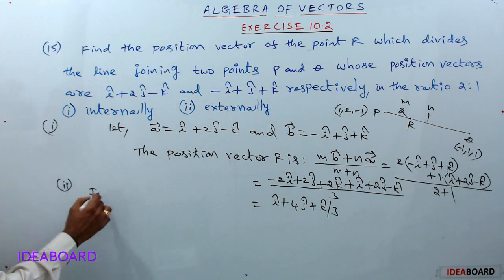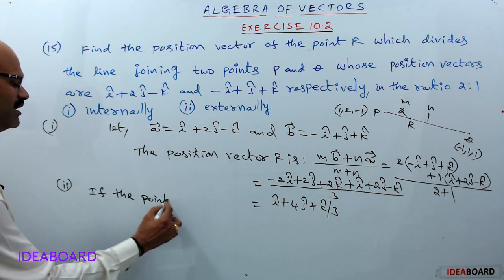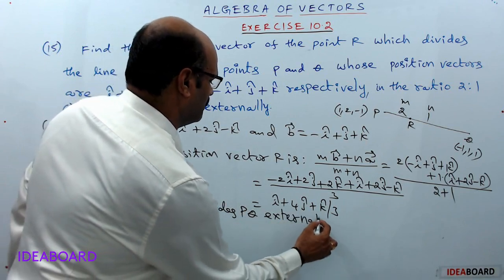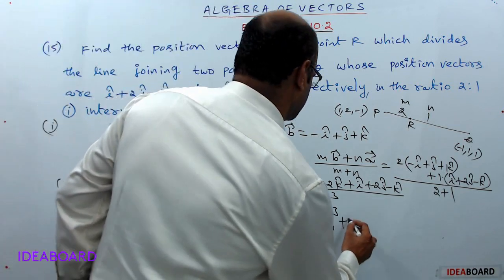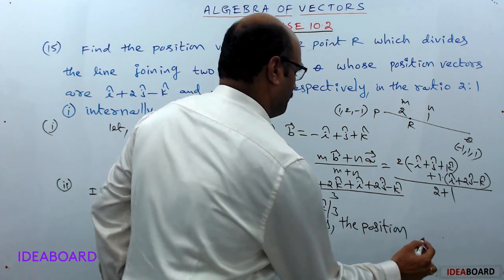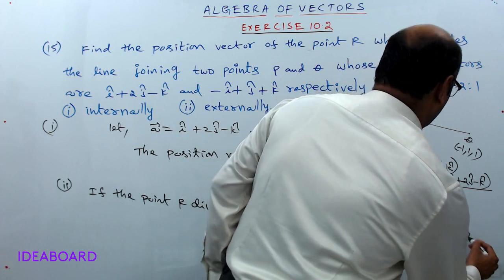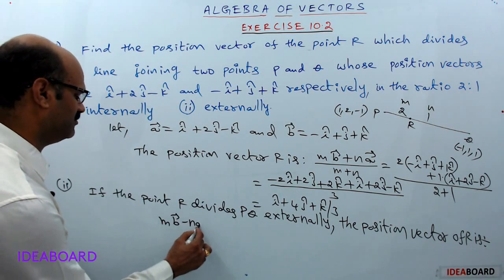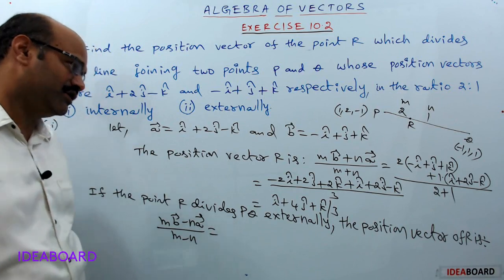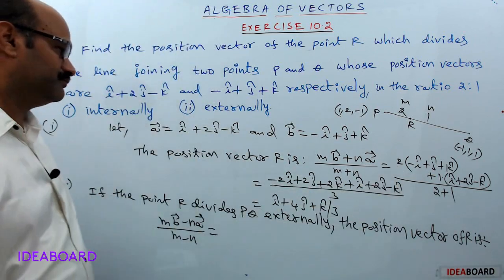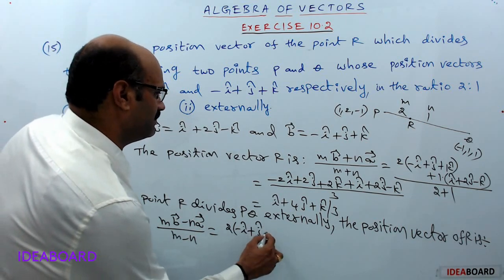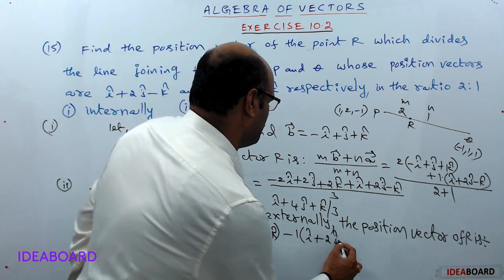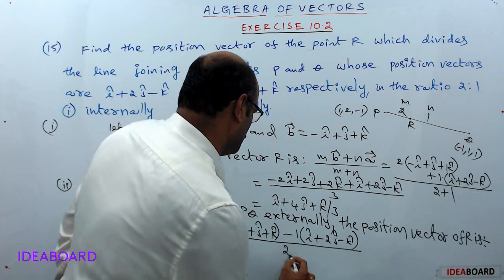Second one: if the point R divides PQ externally, the position vector of R is m into b vector minus n into a vector upon m minus n, equal to 2 into minus i cap plus j cap plus k cap minus 1 into i cap plus 2j cap minus k cap upon 2 minus 1.